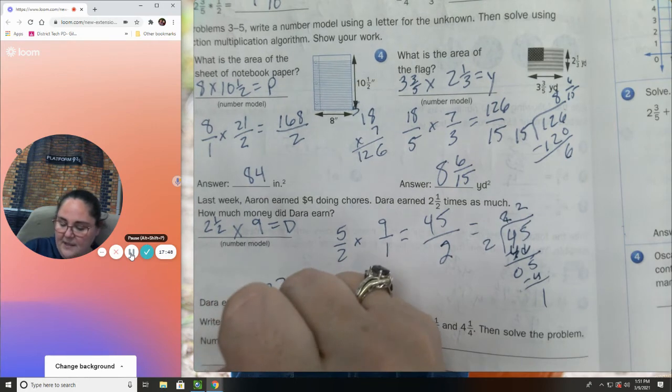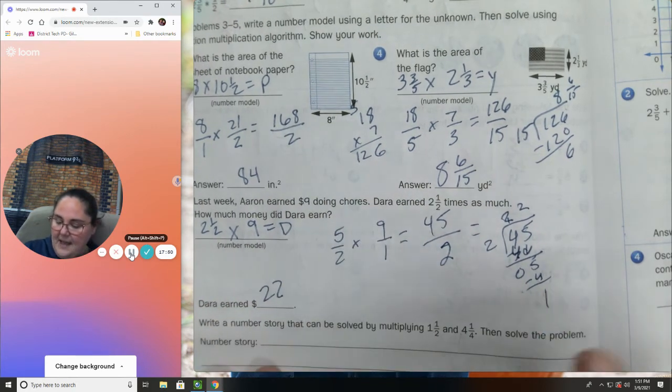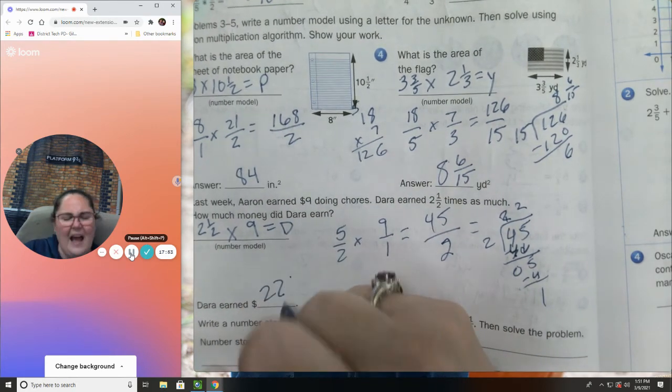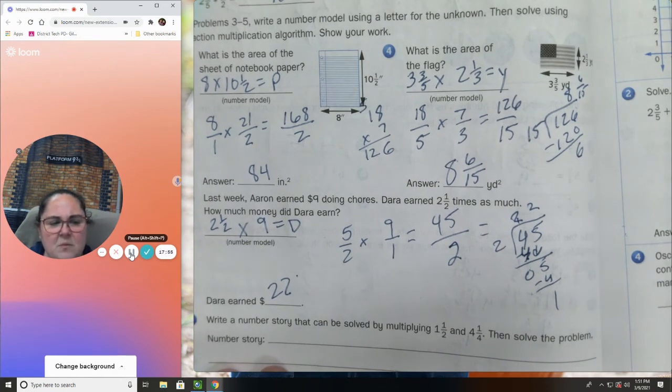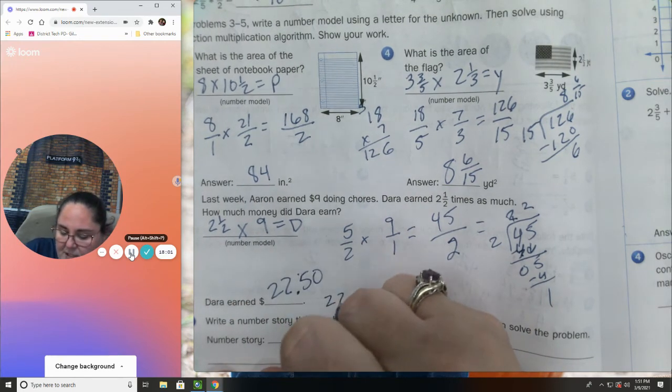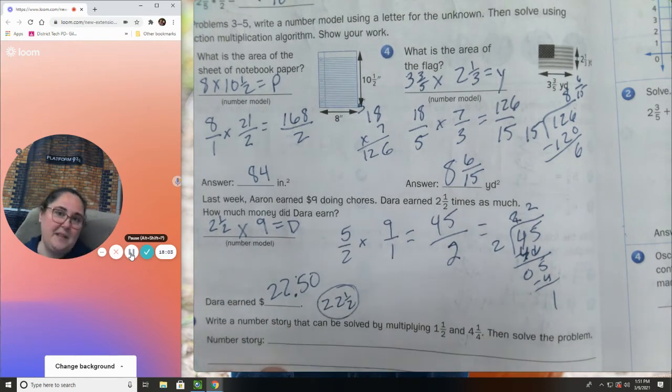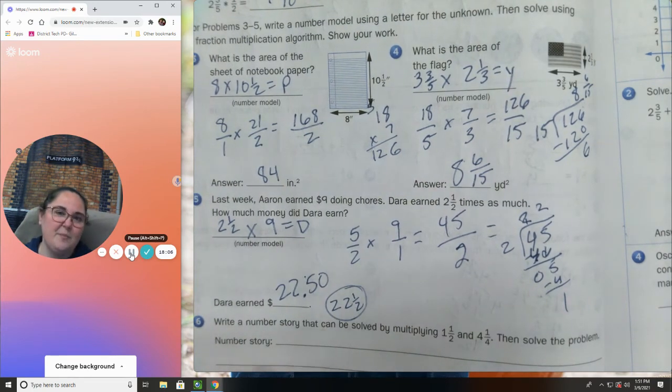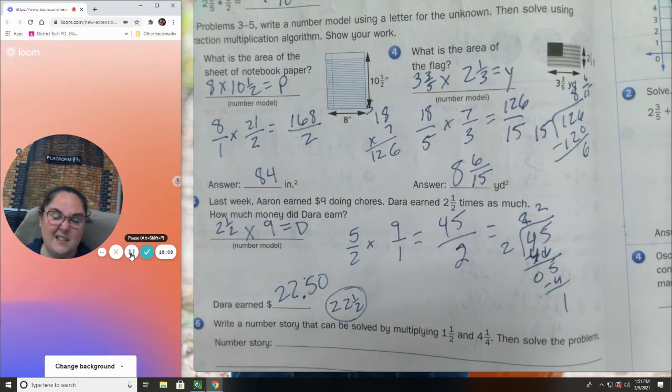Should be 22 and 1/2. How do I write 1/2 as a decimal? Well, you should know this. It should be 22.50. If you wrote 22.5, I also would have accepted that. But this one is money, so I think that you could have done it, right?